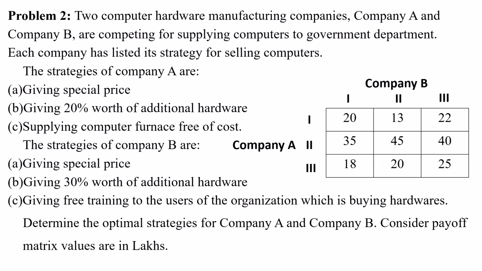If they select the first, second or third strategy, correspondingly how much company A will gain and how much company B will lose is given here. Based on these values, company A and company B need to select one strategy for selling their computers, and based on that they can take the decision.